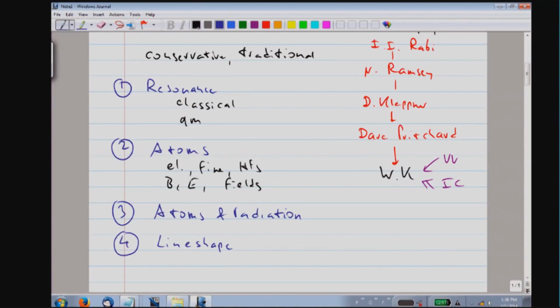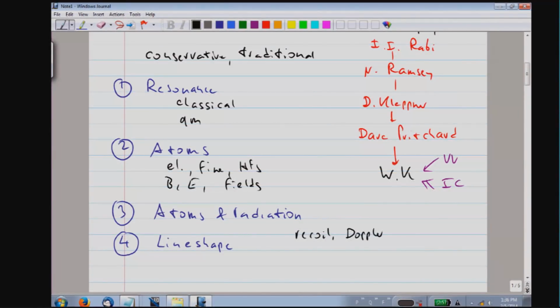So we discuss how photon recoil, how the velocity of the atoms affects the line shape, and if you think you've understood everything, I will talk to you about a very counterintuitive aspect of line shapes, namely Dicke narrowing.